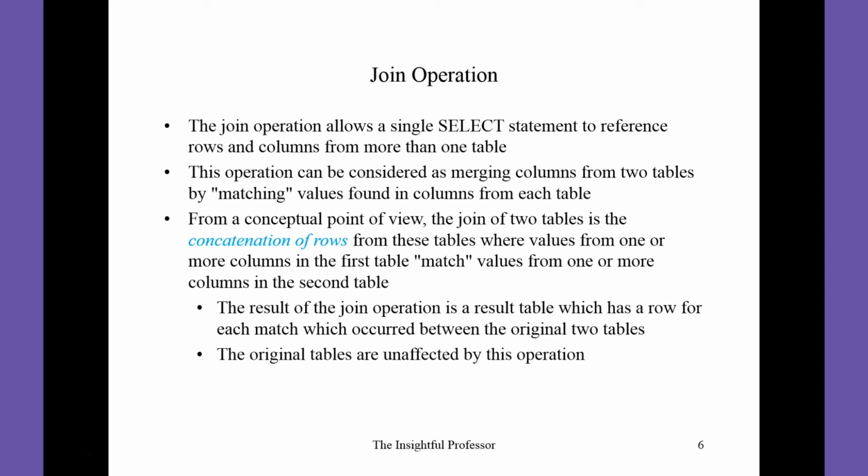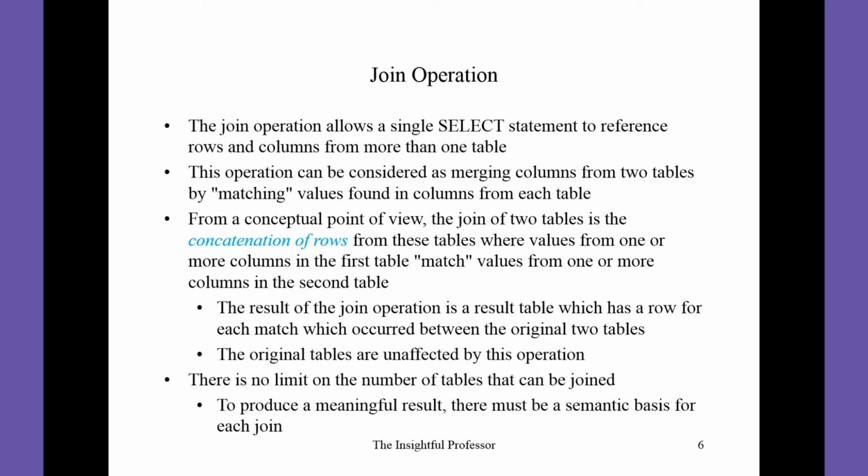It is a read operation, so the original tables will not be affected by being involved in a join. There's no limit to the number of tables that can be brought together through join operations. However, to produce a meaningful result, there must be some semantic basis to form each join.